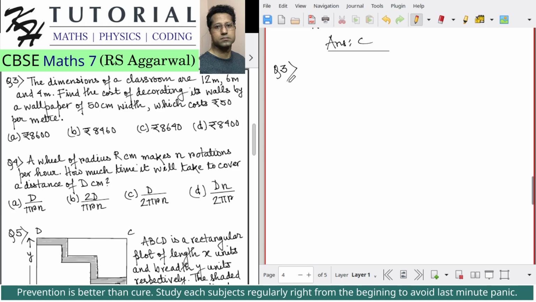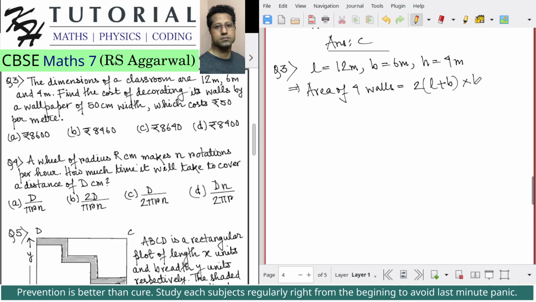So first we have to find what length of the wallpaper is required, so that the area of the wallpaper should be equal to the area of the 4 walls. Okay, so what we are given, the length is 12 meter, breadth is 6 meter, and height is 4 meter. So we know the formula, area of 4 walls of a room is equal to 2 into (length plus breadth) multiplied by height.